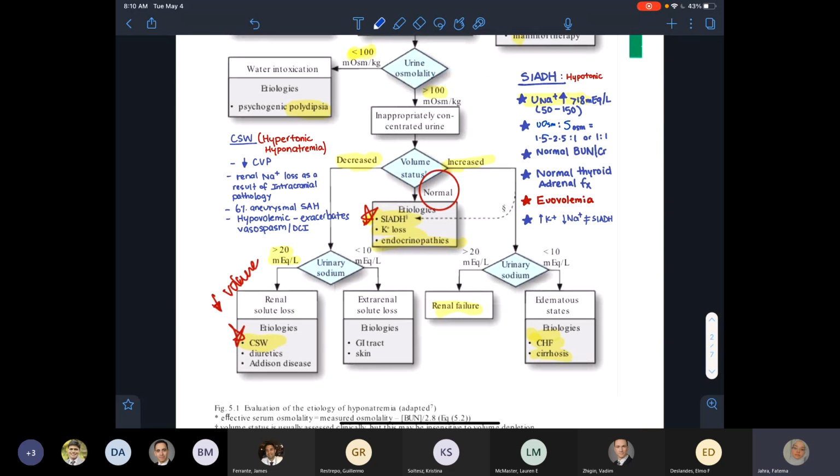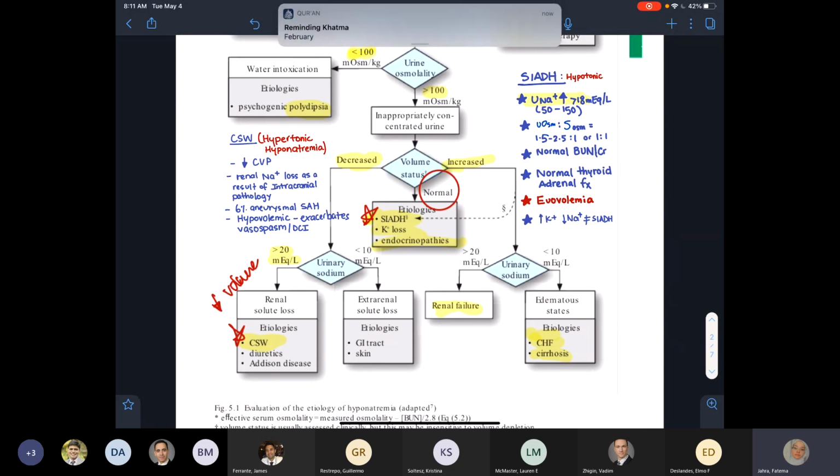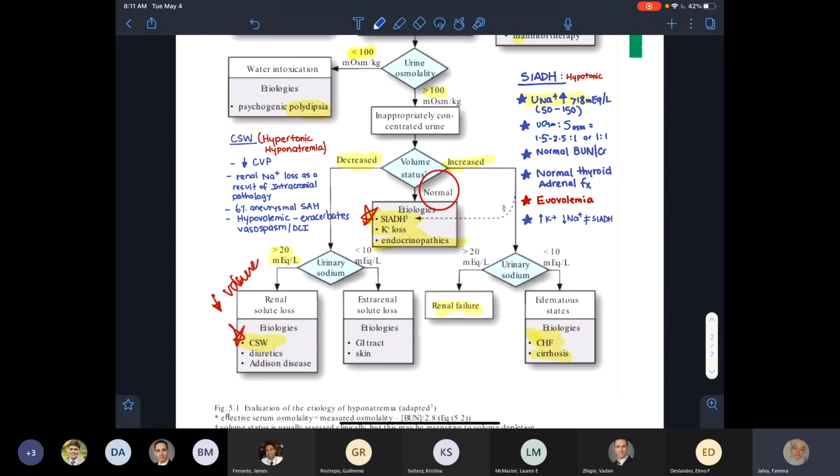So I'll go over the two main ones. Basically SIADH and salt wasting right here. These are the two pathologies we're going to talk about. In SIADH, in the volume status here, you're either euvolemic or hypervolemic, because your ADH level is inappropriately high, syndrome of inappropriate antidiuretic hormone release.